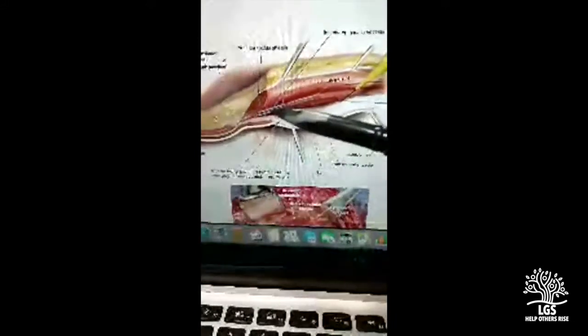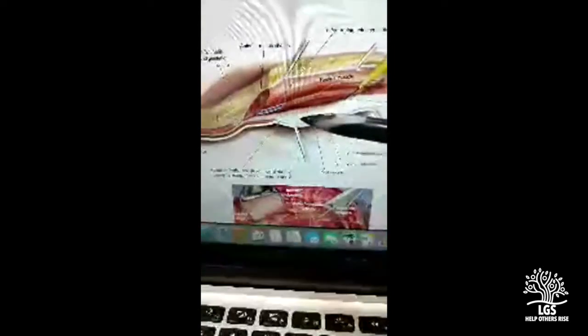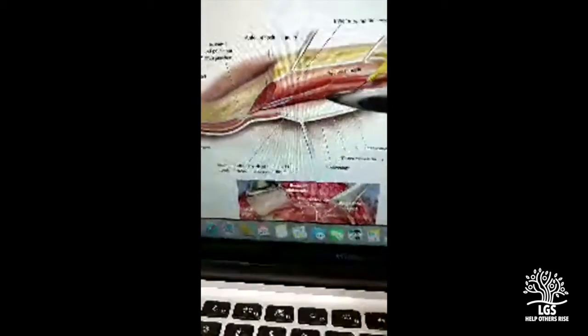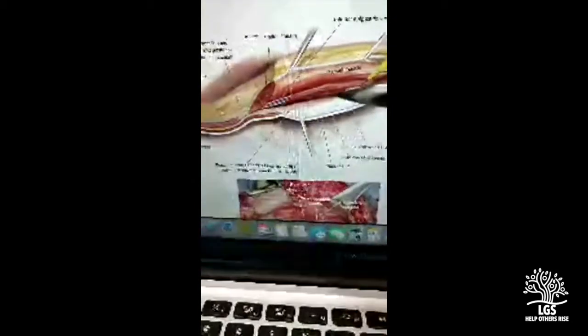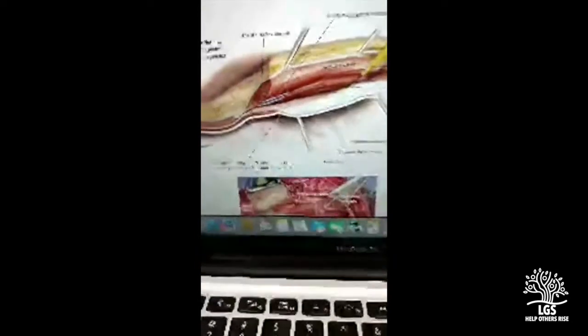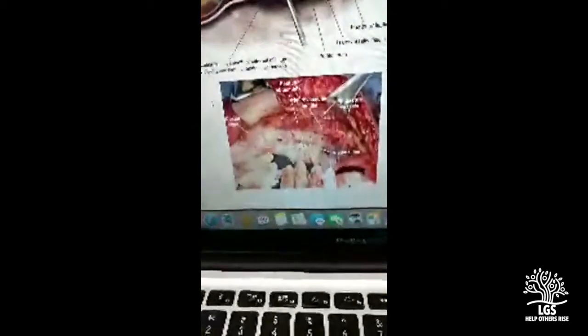This is the deep inferior epigastric vessels. This is the muscle mobilized. This is mobilized laterally till we reach the neurovascular bundle going upwards. These are thick vessels. Let me show you in the next film.